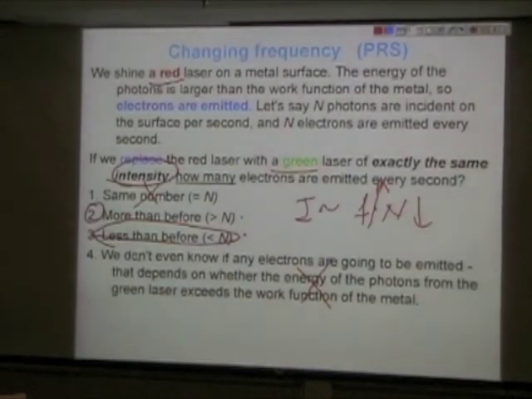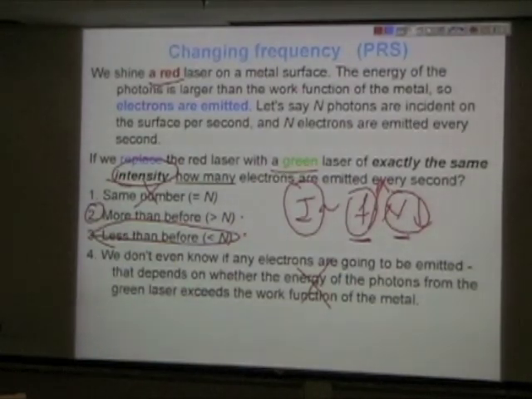So remember, I mentioned this possible situation. When we change the intensity, we could do it either by changing frequency, or by changing the number of photons. So if we know what's happening to intensity, it doesn't necessarily mean we know what's happening to frequency or number of photons.